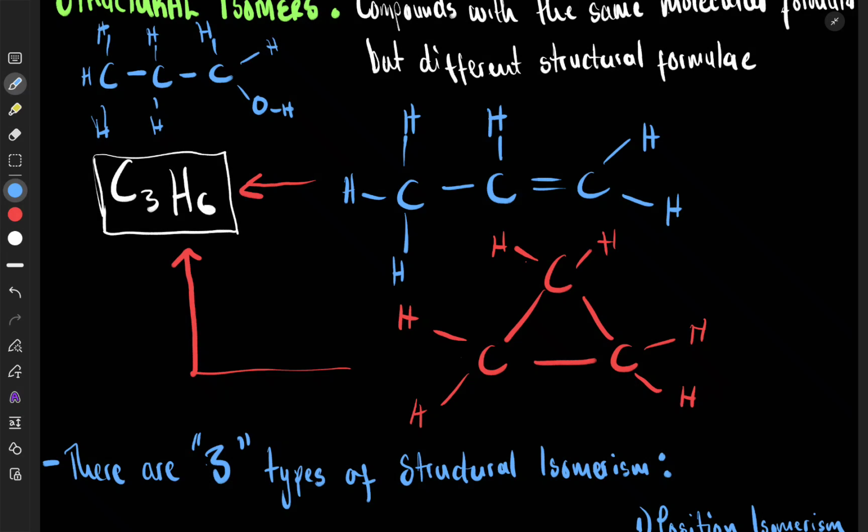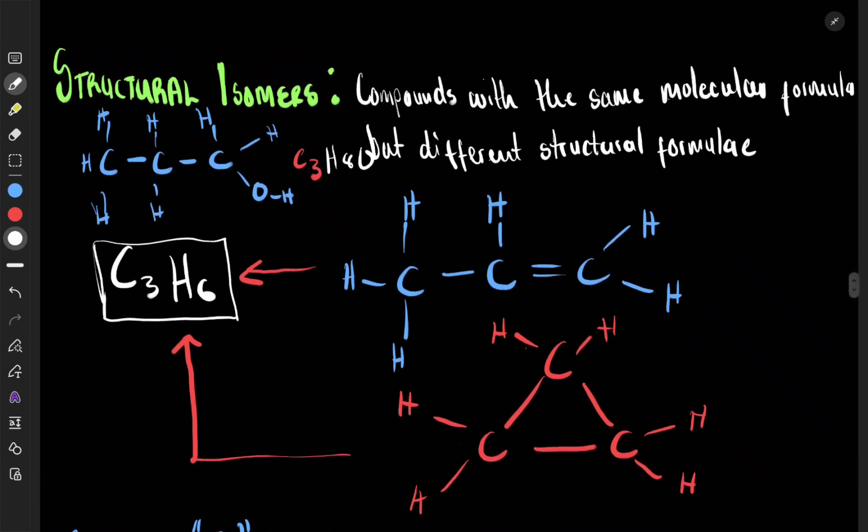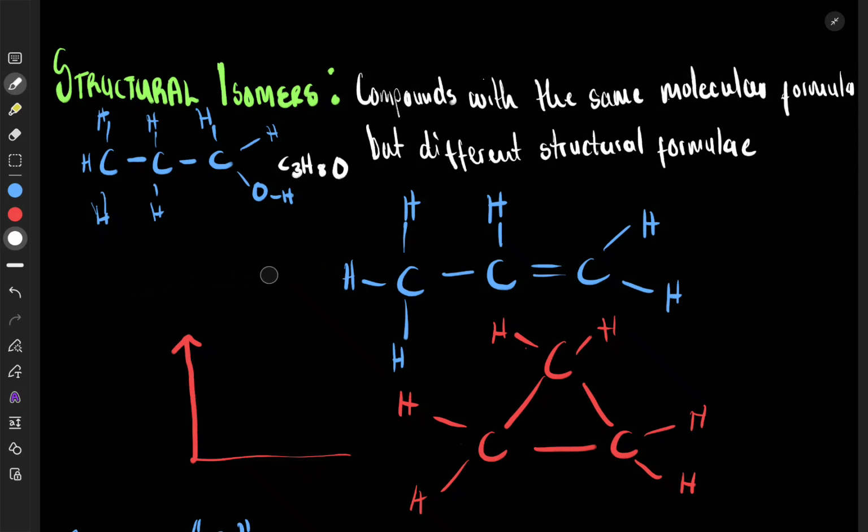If I count, this is going to be C3H8O. And if I put another way, I could have the same C3H8O again. Let me remove this. I could have it like this: C, then OH, then C.